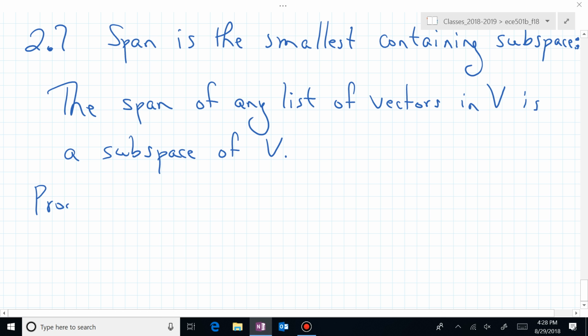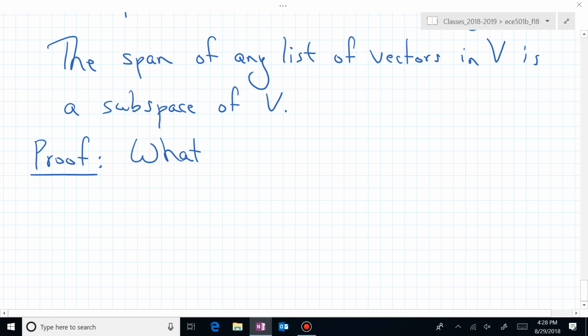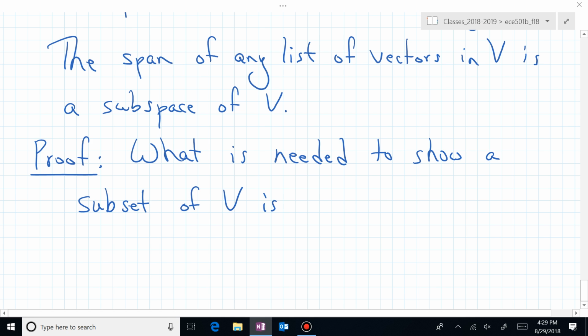Suppose we wanted to prove this proposition, that the span of any list of vectors in V is a subspace of V. If we want to show that something is a subspace, what is needed to show a subset of V is a subspace?